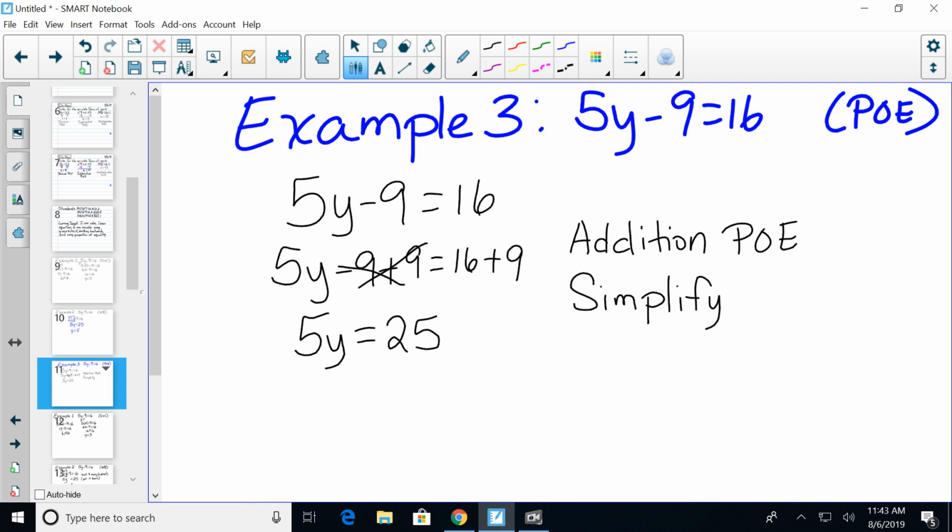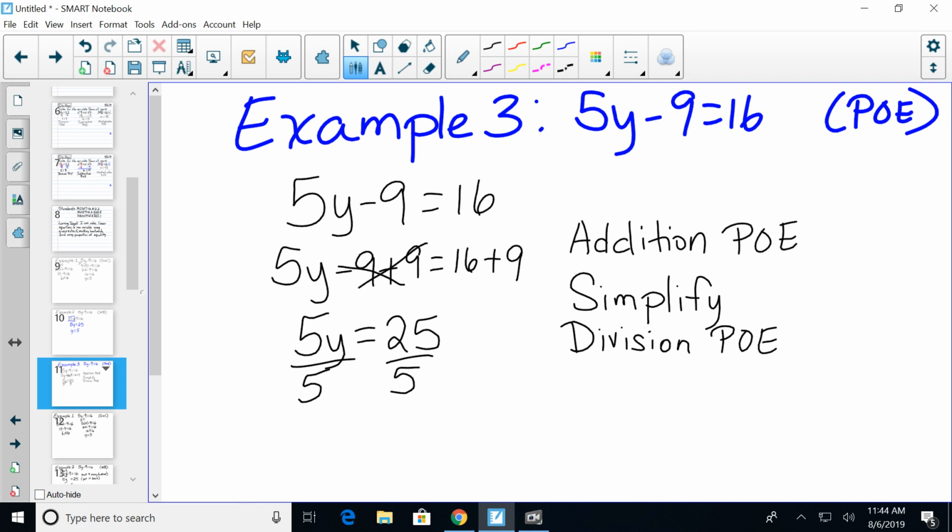What's my next justification? Division property of equality. So what do we have to do? Divide 5 on both sides. So what's my next justification step?